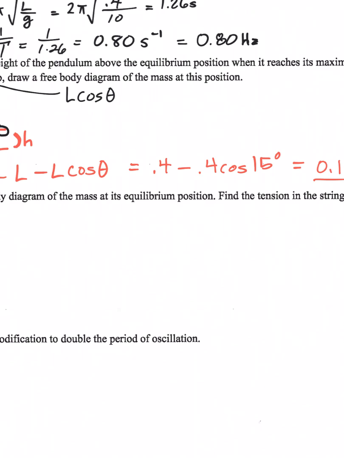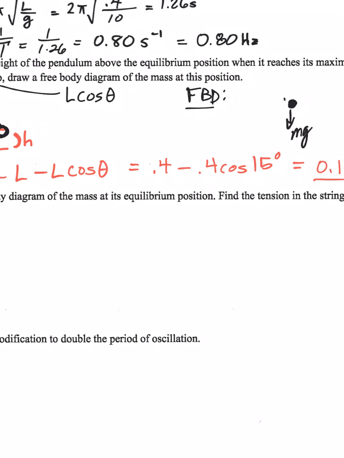It says also draw the free body diagram of the mass at this point. Did we draw our free body diagram? We should do that. FBD. All right, so here's my mass. At this point right here, when it's pulled all the way back, what forces are acting on it? Gravity. Okay, so gravity's straight down, so we got mg here.